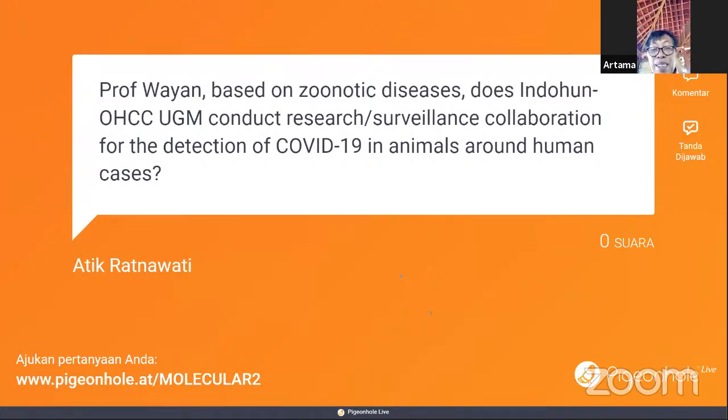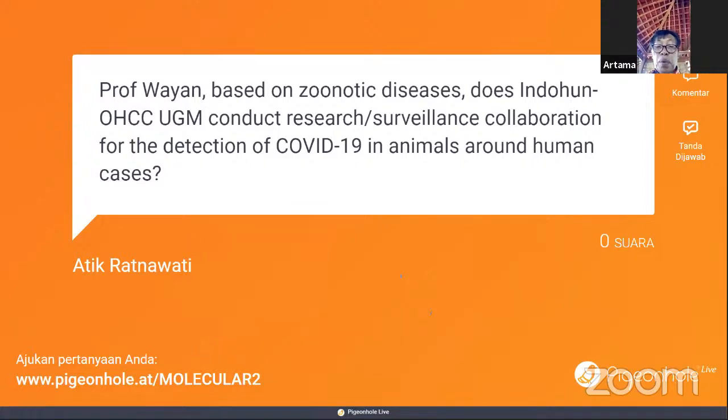We did COVID-19 work in collaboration with Indohun. We have 14 provinces to map COVID-19 in high risk provinces. But in animals, we are just doing research on a few, not all animals.